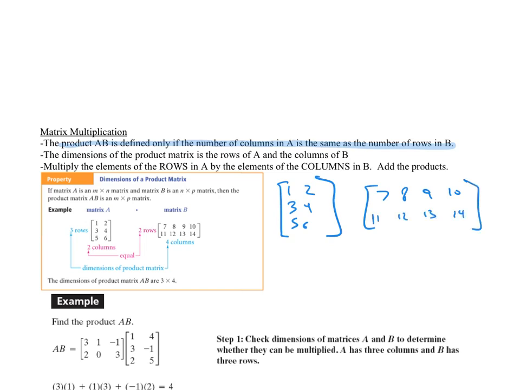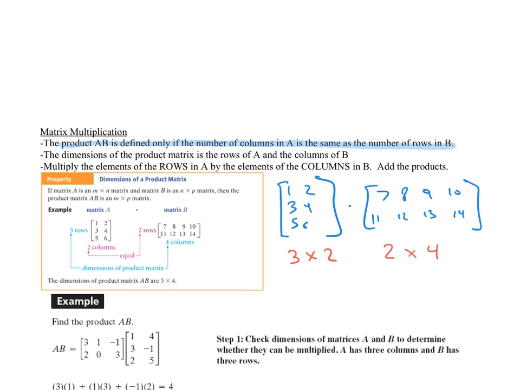If you're trying to decide if you're able to multiply two matrices together, you have to write the dimensions of both. So this one is 3 rows by 2 columns. And then this one is 2 rows by 4 columns.